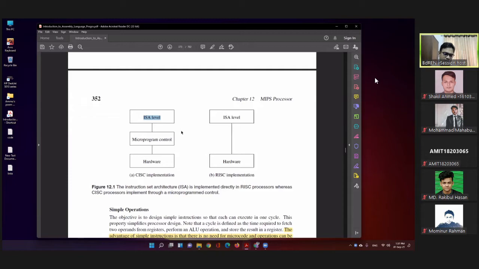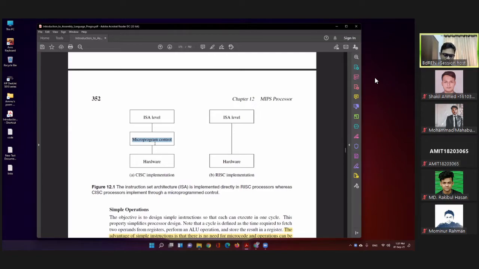We just need to write add two numbers. That's it. The rest of the task will be done by the processor. So one line of code is actually a combination of all other code as well. One code is divided into small parts. So the microprogram is actually those parts. That's why it's called microprogram.